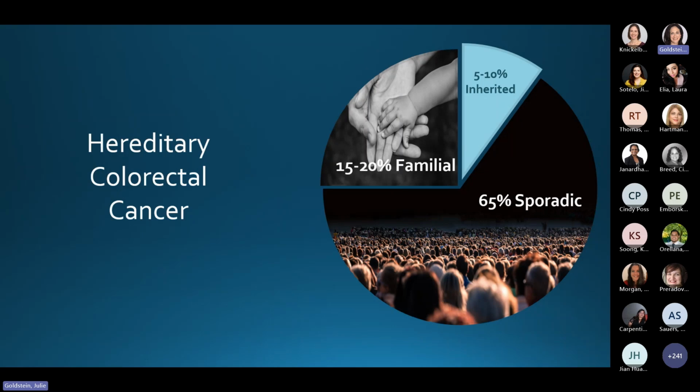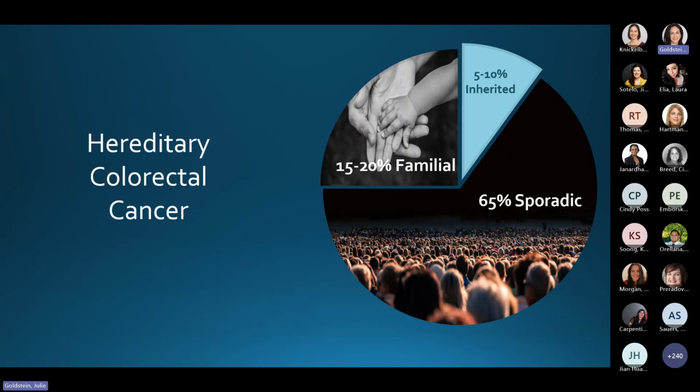We know that about 15 to 20% of colorectal cancer is familial. That means that there might be a clustering of it in the family, but there's not one of these single gene mutations in the family causing a very high risk for the development of colorectal cancer.